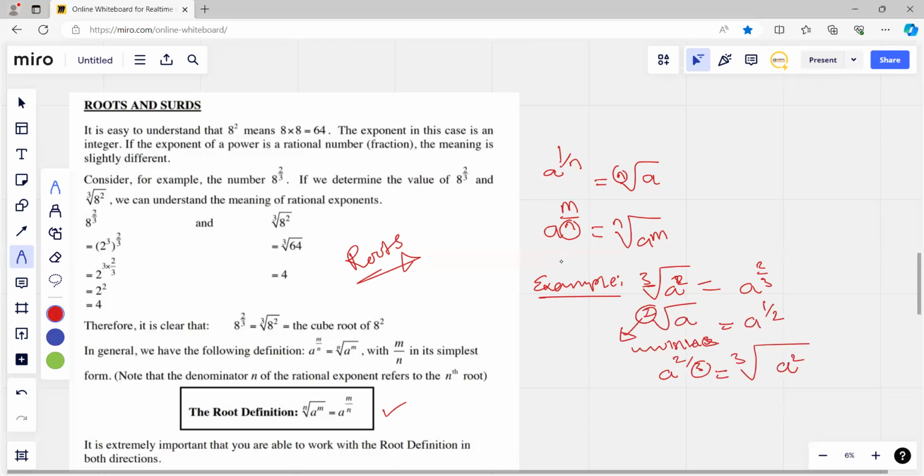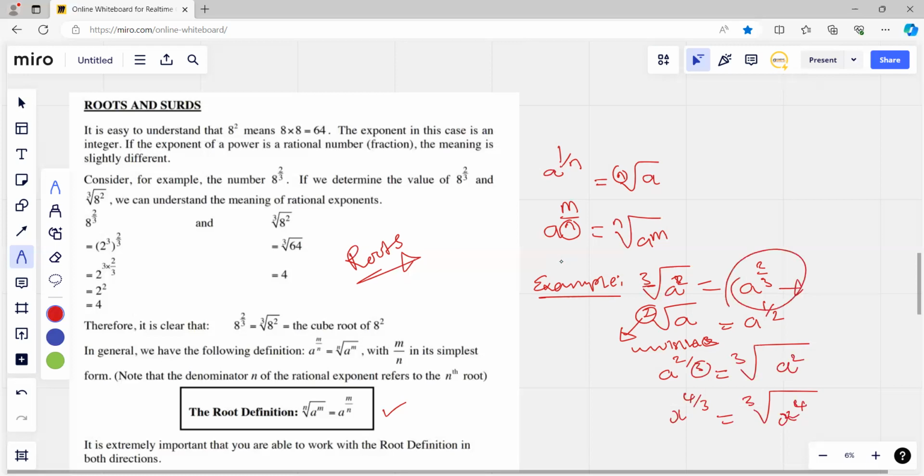Then another example, we can have x to the 4 over 3 equals the cube root of x to the exponent of 4, always like that. That's when we're dealing with roots, and you can move back and forth with them. That's why sometimes I was moving from here into a root, and sometimes from a root into this exponent part.